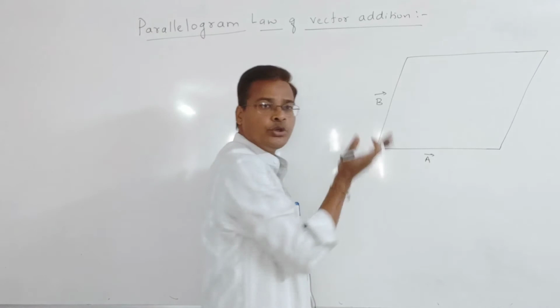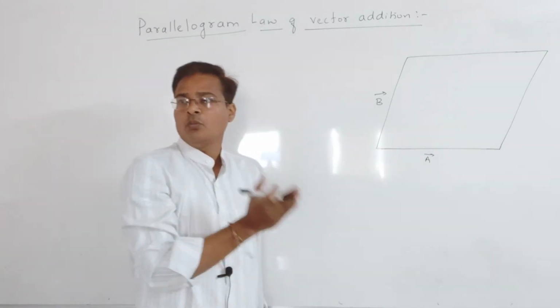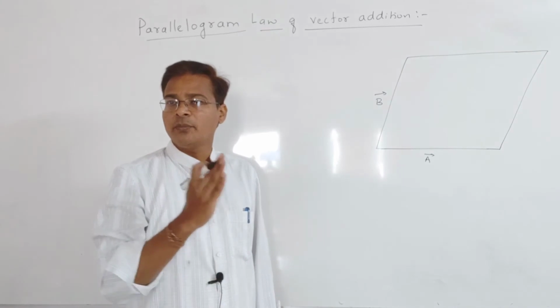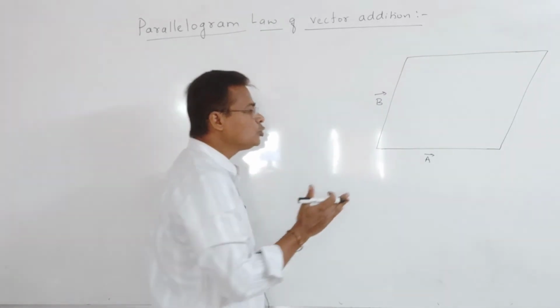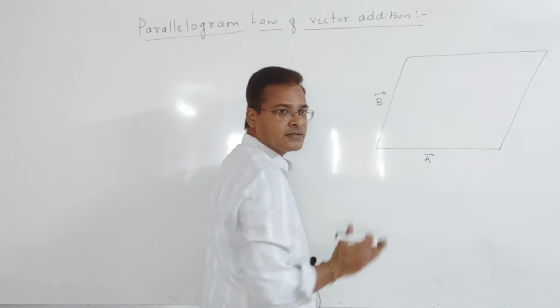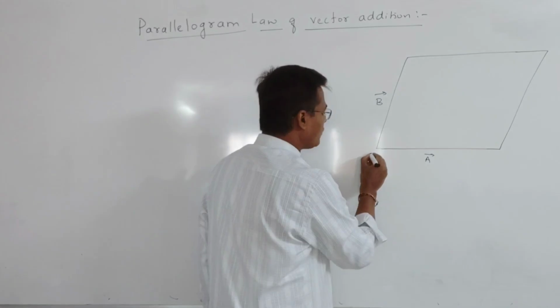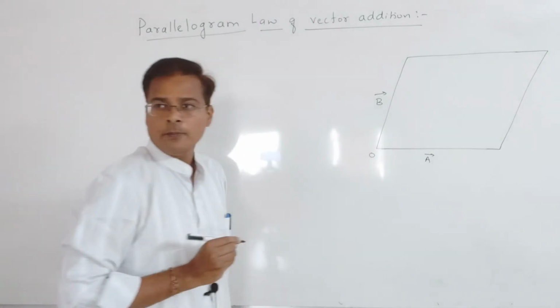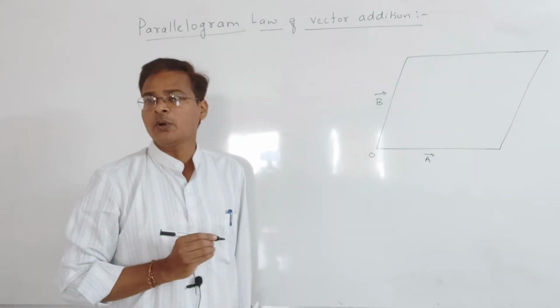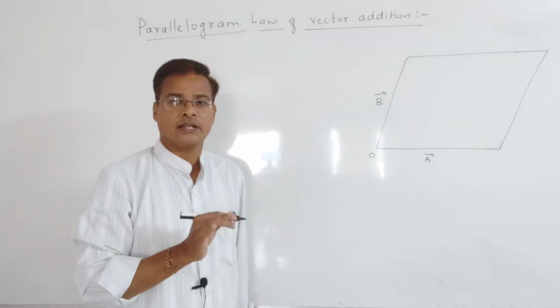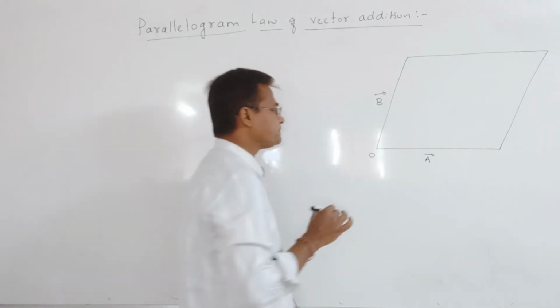So if two vectors are represented in magnitude and direction by the two adjacent sides of the parallelogram, here O is the common point for both vectors.